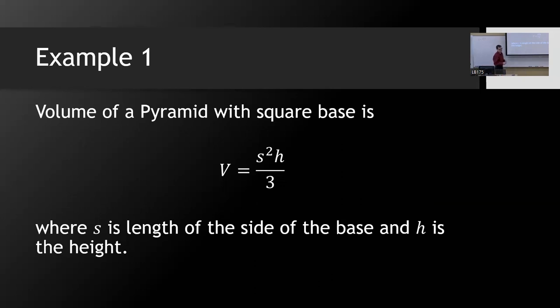S stands for side length, H stands for the height of the pyramid, and V stands for volume. Again, this is a pyramid with a square base. You could derive that formula, but might as well just look it up, or somebody gives it to you. And once you're given this algebraic formula, it is a model for the volume of that pyramid.